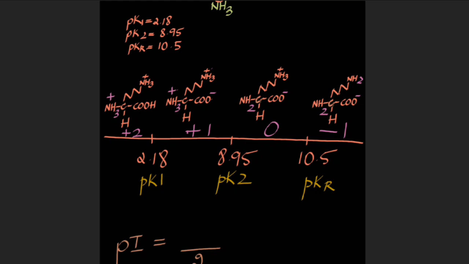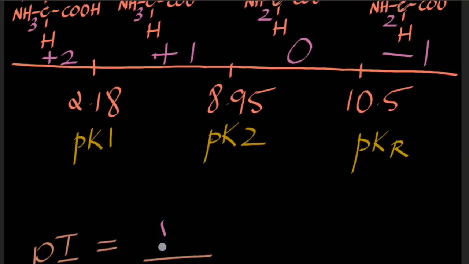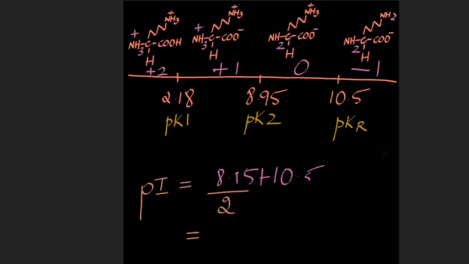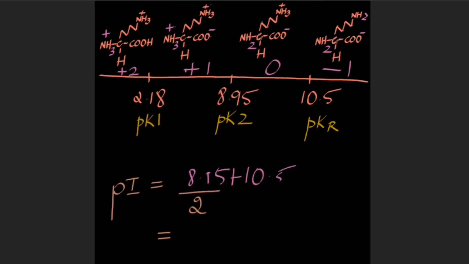So let us just see, 8.95 plus 10.5. We have to take the average of these two values.